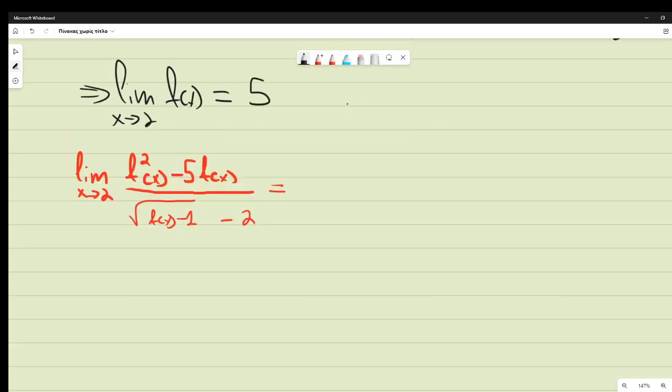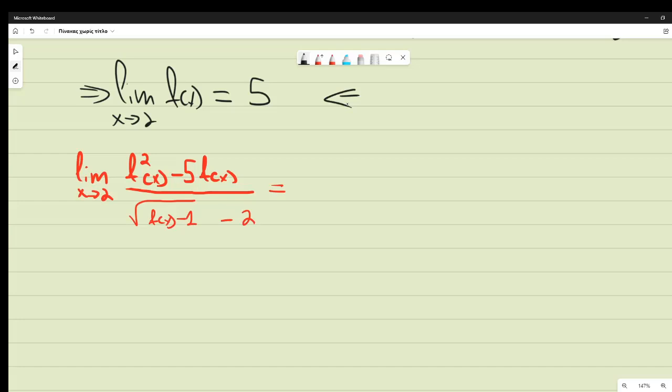The next limit that we are asked to find is this. Here our job is easy because we only have terms of the function f here, and we have found that the limit when x tends to 2 is equal to 5. So the thing that we do in this kind of limits is to set the function f equal to a variable, let's say y.